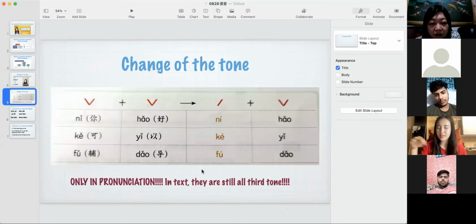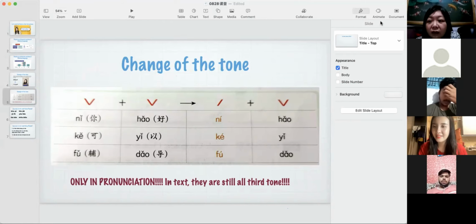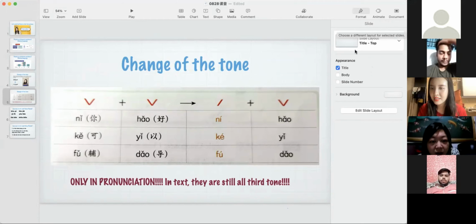When you take the HSK test, when they ask you what's the correct pinyin for 你好, you still need to put the third tone on top, okay? Okay, 谢谢。And next is Indu.